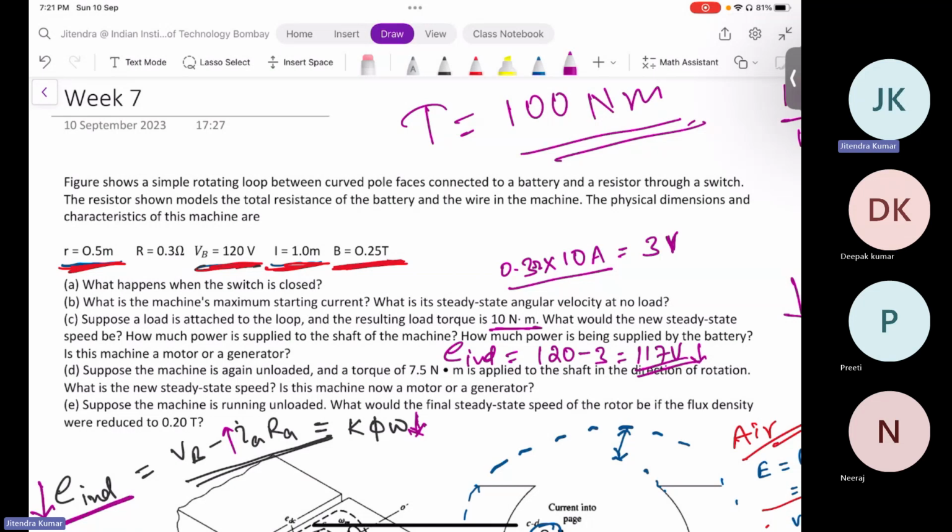We have attached a load of 10 Newton meter, and this load will draw a certain current. It also asks how much power is supplied to the shaft of the machine, how much power is being supplied by the battery, and finally whether this machine is a motor or a generator.